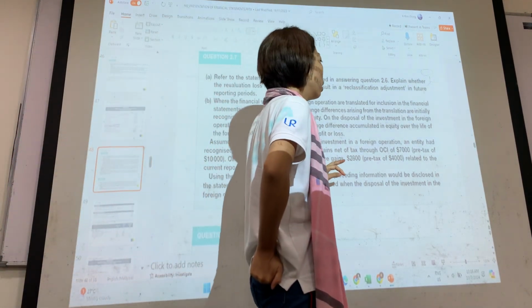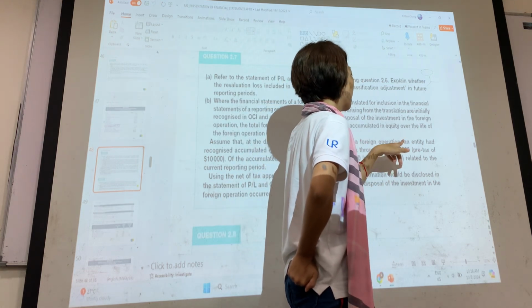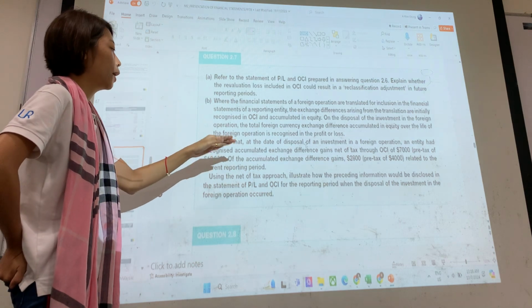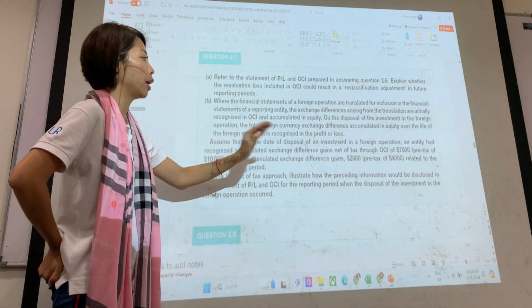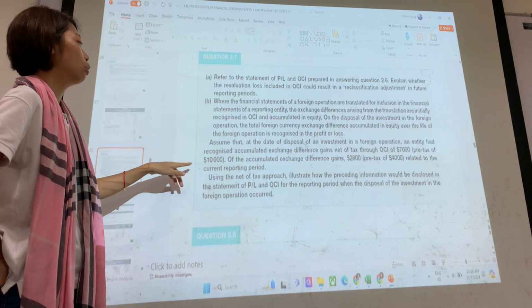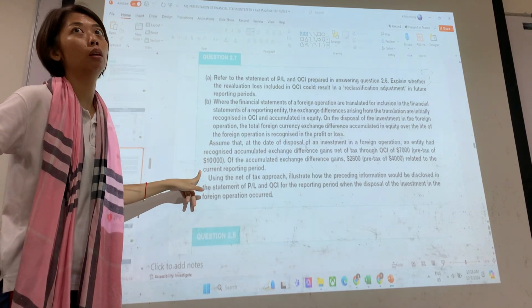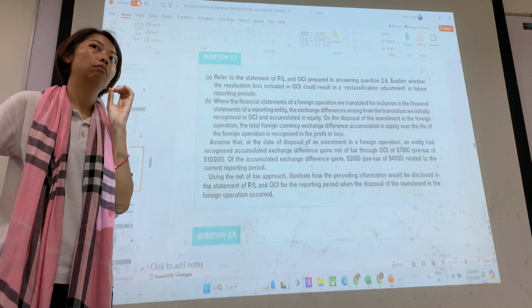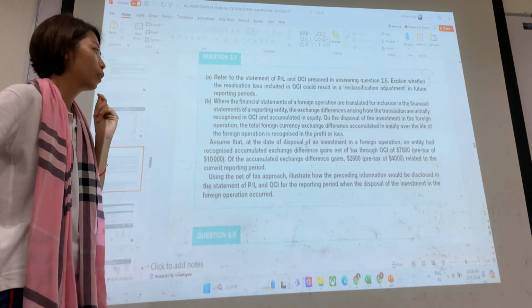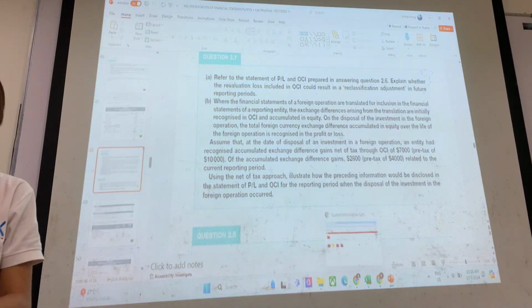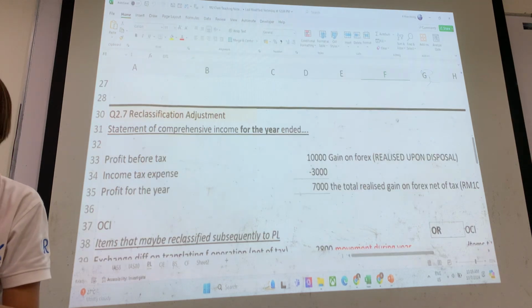Therefore, our net of tax is 7,000. Now, of the accumulated exchange difference gains, 2,800 net of tax related to the current reporting period. So are you able to calculate brought down, movement, and carry down or not? Okay, so you think slowly. Now, these are the numbers, right?